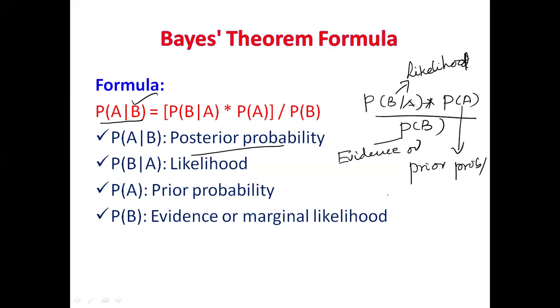So one more time I'll tell you the Bayes theorem. This theorem provides the mathematical foundation for the naive-Bayes algorithm. The formula is given by probability of A given B is equal to probability of B given A into probability of A divided by probability of B. And this probability of B is the evidence or marginal likelihood, the probability of observing the evidence.